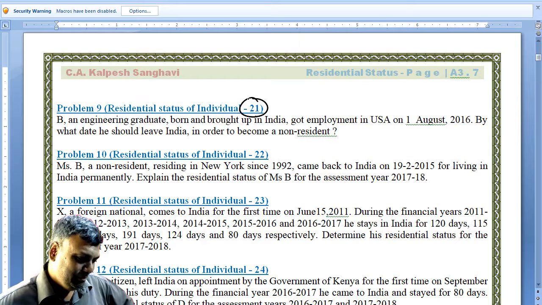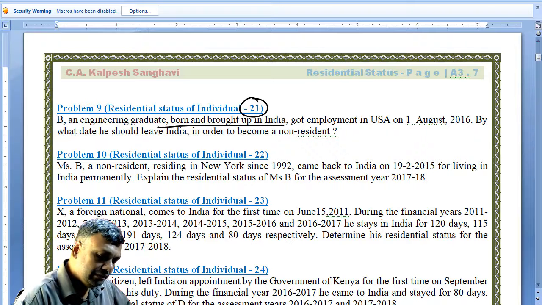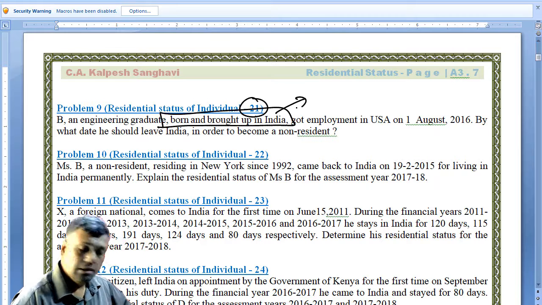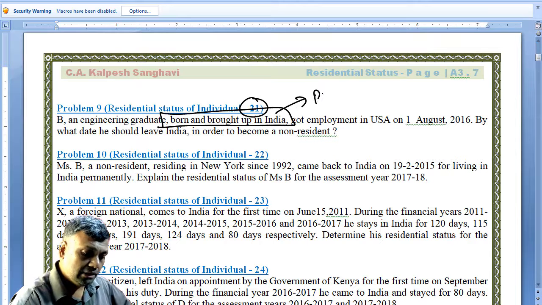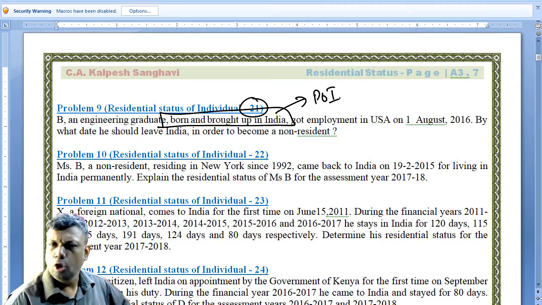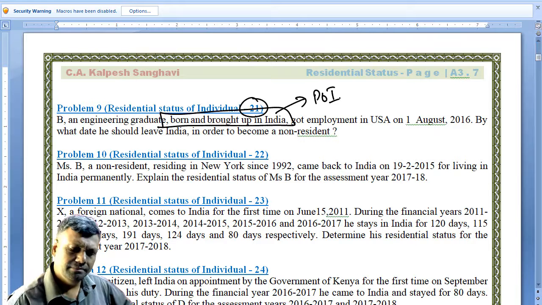So, he is an engineering student born and brought up in India. The purpose of this kind of language in the question is that he is a person of Indian origin, or probably also a citizen of India.